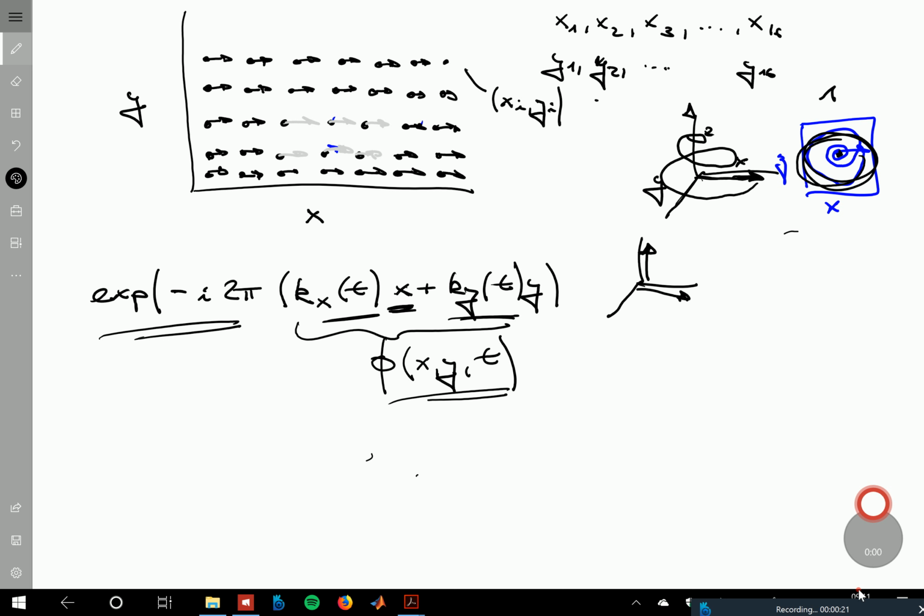So there's a question about notation. What is this? This is proportional to. Proportional means equal up to some multiplication.